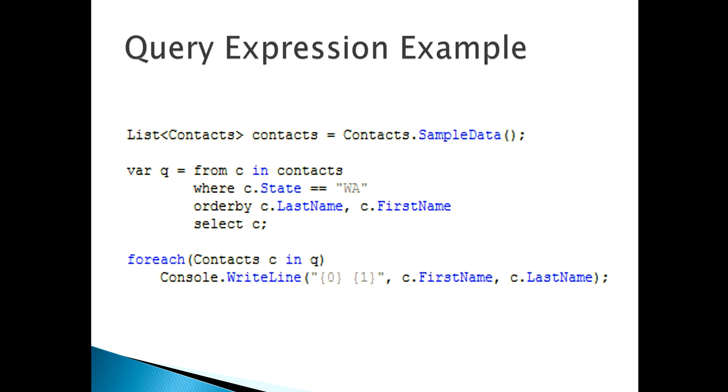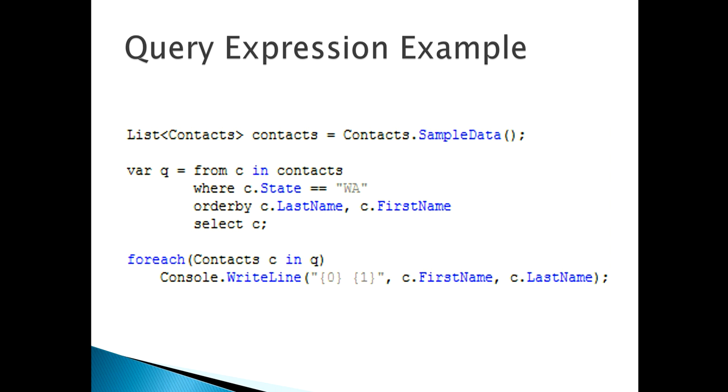Just a couple more examples. So here in query expression, from c in contacts, okay? Now see, contacts in this case is an actual class, right? So it's an object, unlike the integers we've talked about so far. So notice that we use the dot here where c.State, that's the property of each contact as we consider them. Are they a candidate to be included in the output?